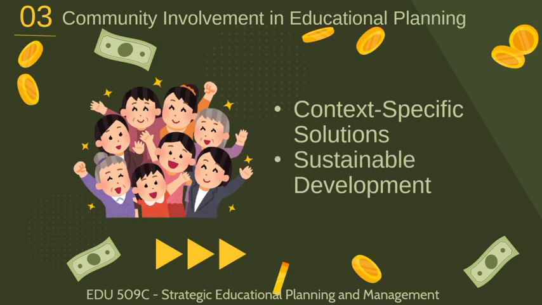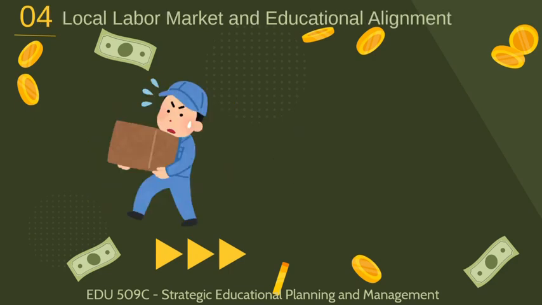And also, we have sustainable development. The programs initiated by the community are often more sustainable because they are directly aligned with the population's needs. So when the community takes ownership of its educational system, it leads to a stronger commitment to long-term success.